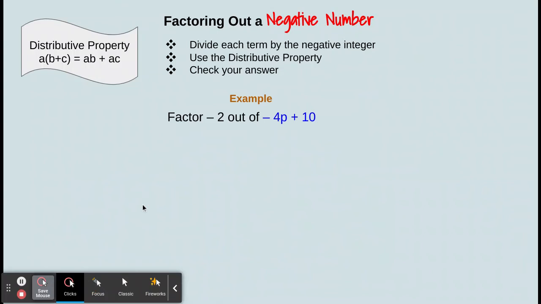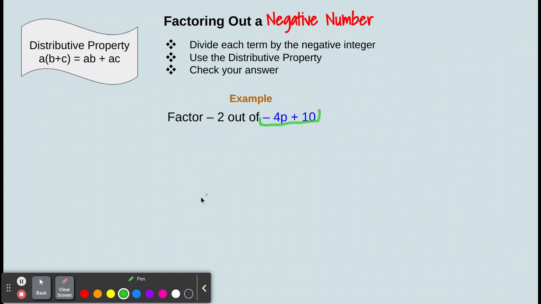Now an example of factoring out a negative number. We are told to factor out -2 from this expression. So let's do that. -4p divided by -2, and then a 10 divided by a -2. -4p divided by -2, negative divided by a negative is a positive, so this becomes just 2p.